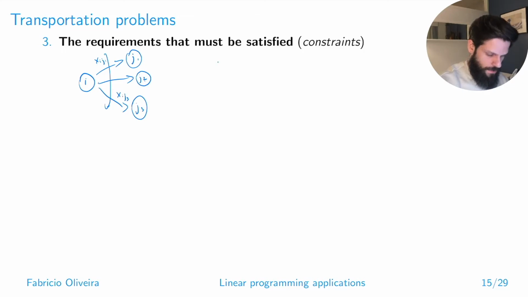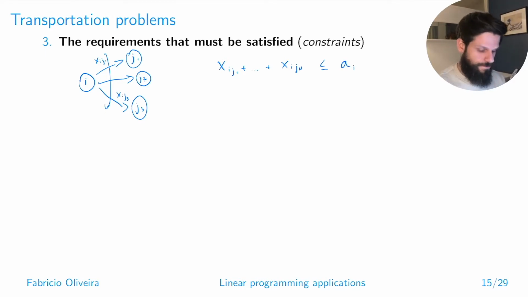When I add X_iJ1 plus up to X_iJN, this has to be less than or equal to the capacity of my plant I, which could be, say, A_i. That is the same as saying that the sum over all clients J of X_ij has to be less than or equal to the capacity at plant I.